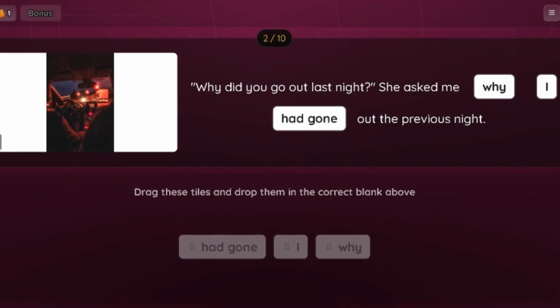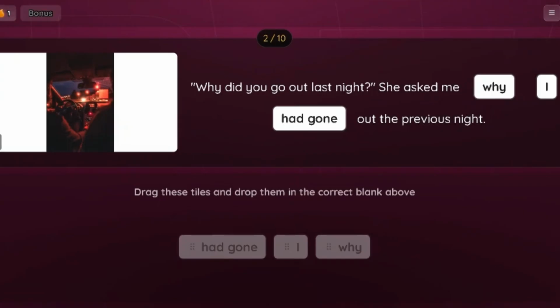This is the way to change the direct question into a reported question by changing the pronouns and upgrading the tense from present to past. If I have the present simple, I have to use the past simple. If I have the simple past, I use the past perfect. If I have the present perfect, the past perfect.